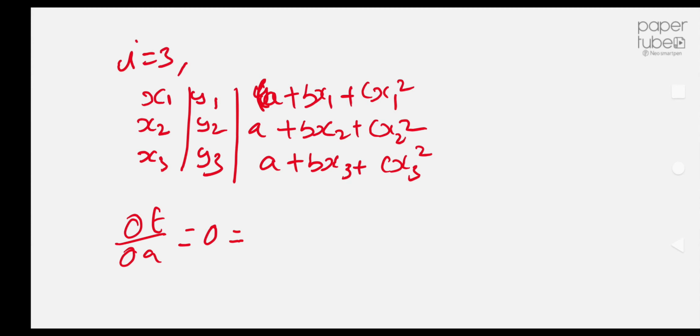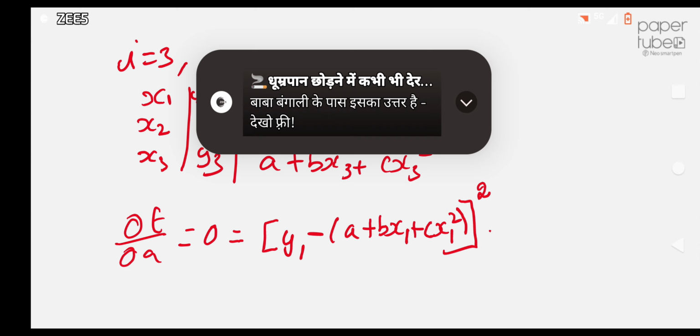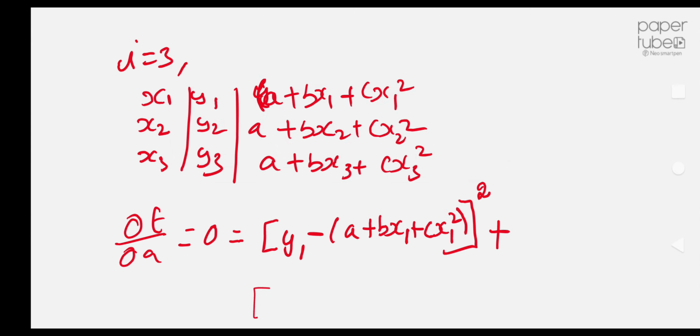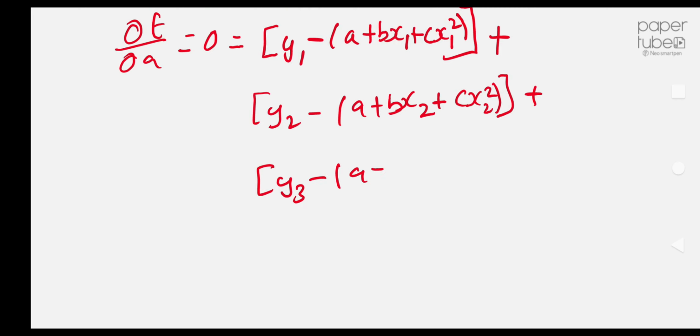You will have something like y1 minus (a plus b x1 plus c x1 squared), and then we have one more, y2 minus (a plus b x2 plus c x2 squared), plus y3 minus (a plus b x3 plus c x3 squared).